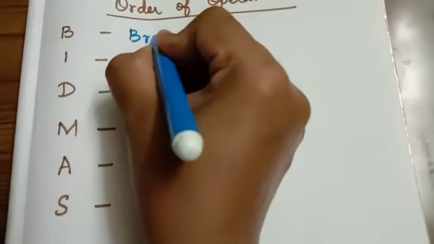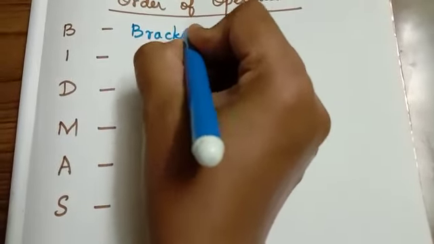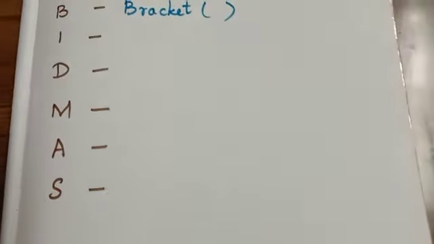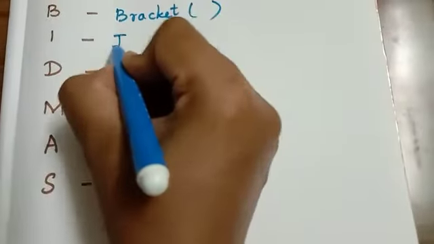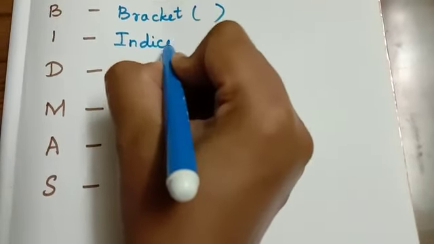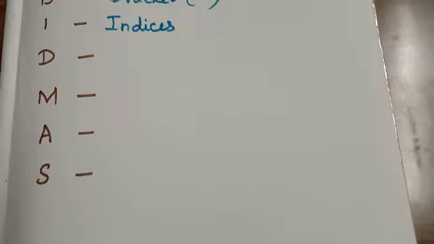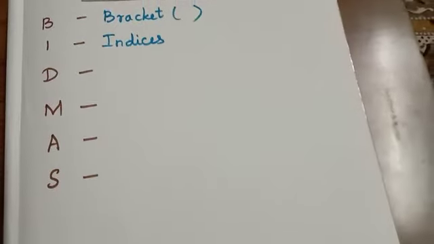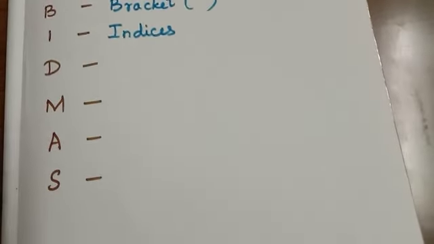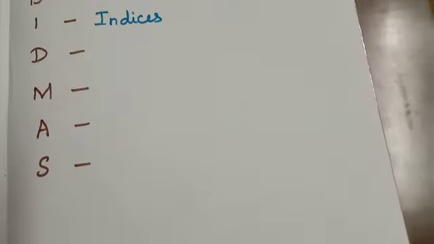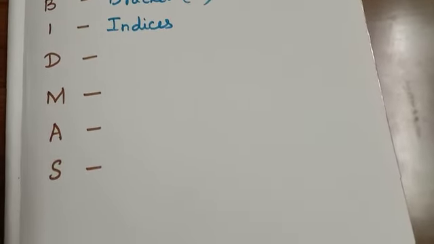BIDMAS means first we have to check for the bracket values. If any bracket value is there, we have to check. The next one is indices. Indices is writing in order, whether ascending or descending.